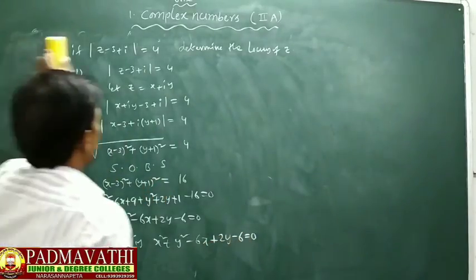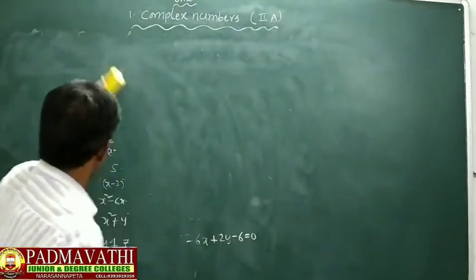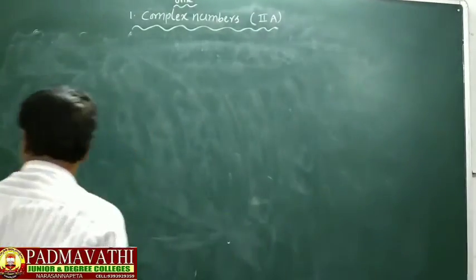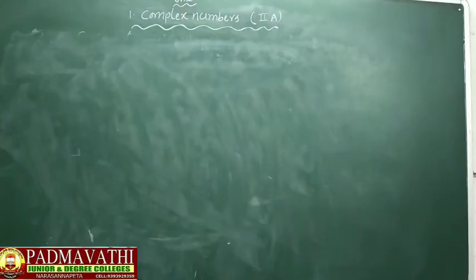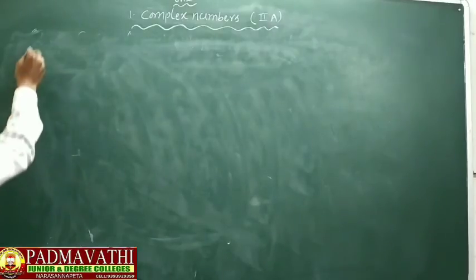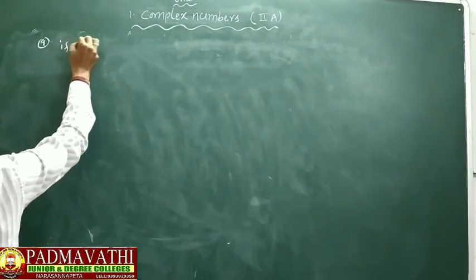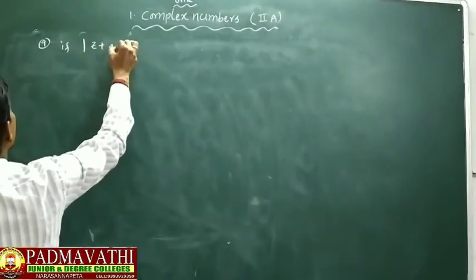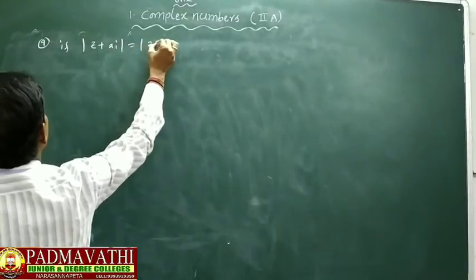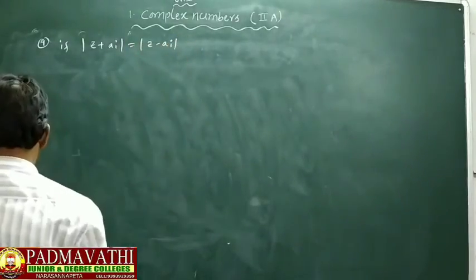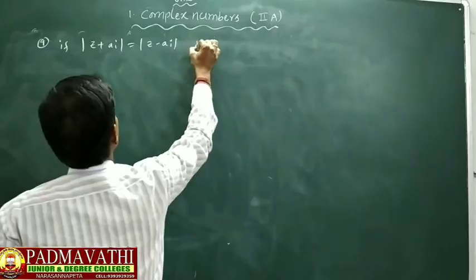Okay, next problem. If |z + ai| = |z − ai|, then find the locus of z.